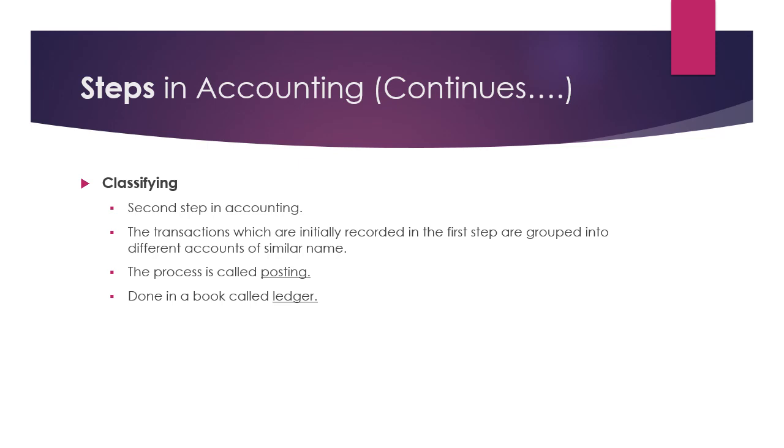Once the recording is over, the next step in accounting is classifying. Here, transactions of similar nature are grouped under a same head called accounts. Thus, it helps us to identify all those transactions pertaining to a specific person or entity easily.